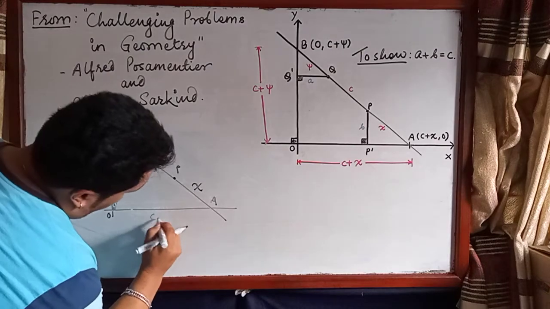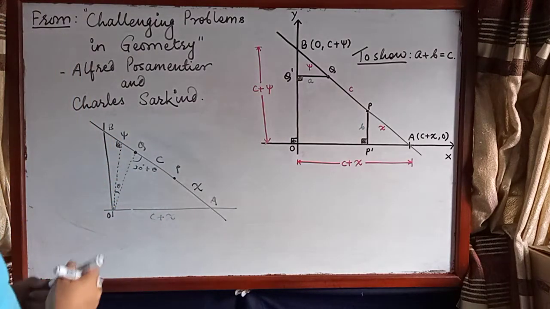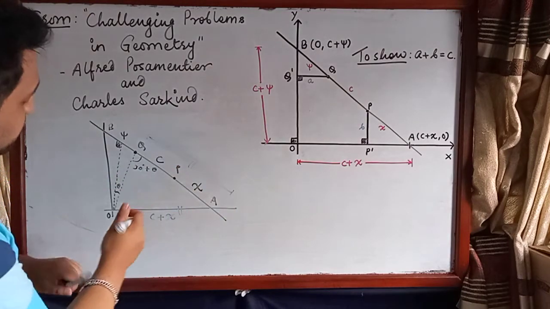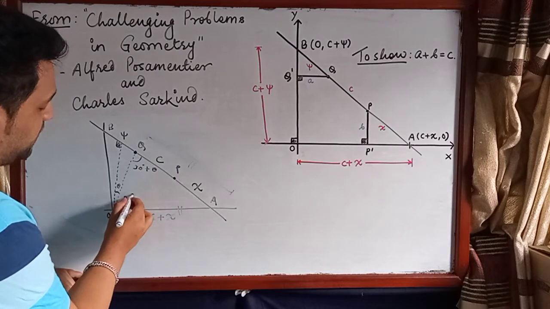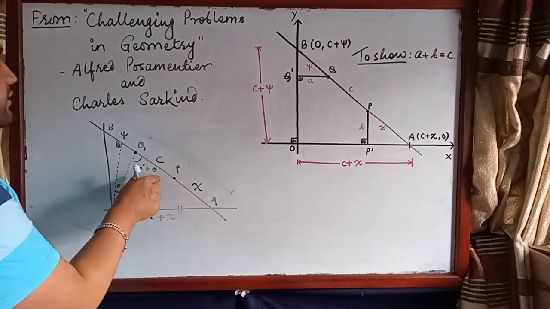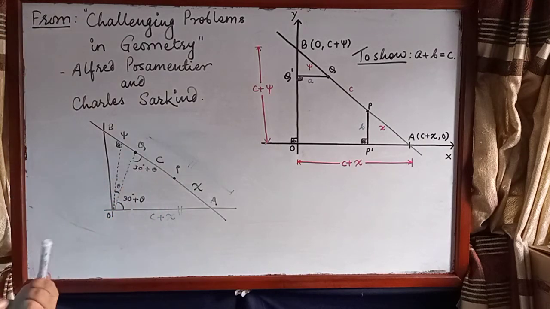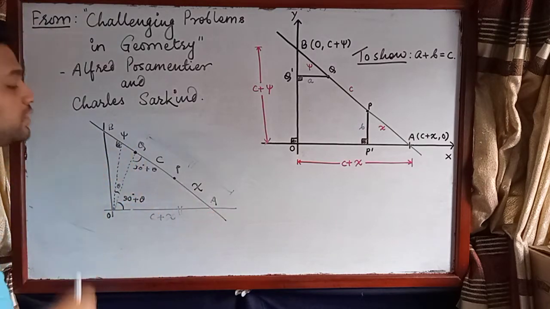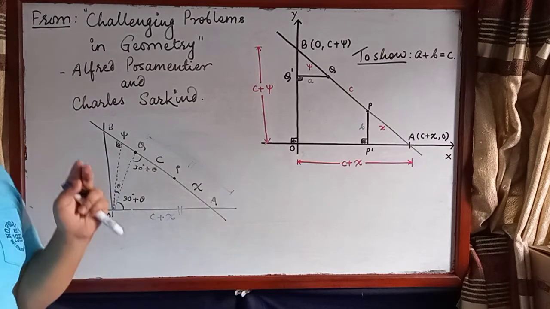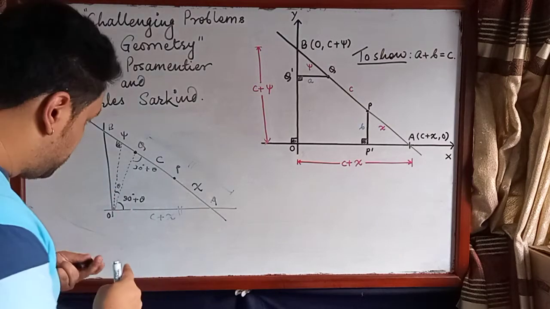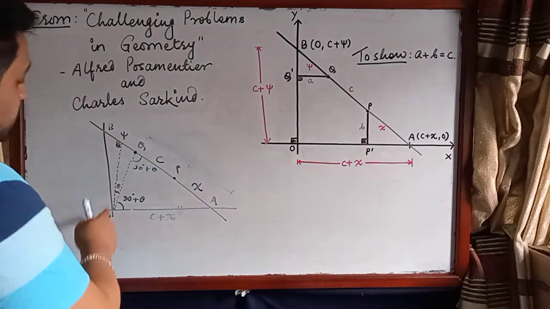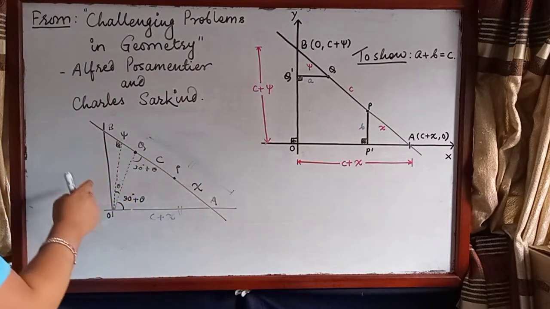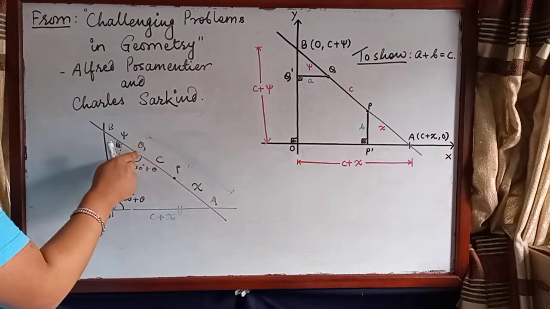But as before, this length is c plus chi, so this is equal to this, as a result of which this will be 90 degrees plus theta, and since 90 degrees plus theta is greater than 90 degrees, we have a triangle OAQ with two angles being greater than 90 degrees, which is impossible.